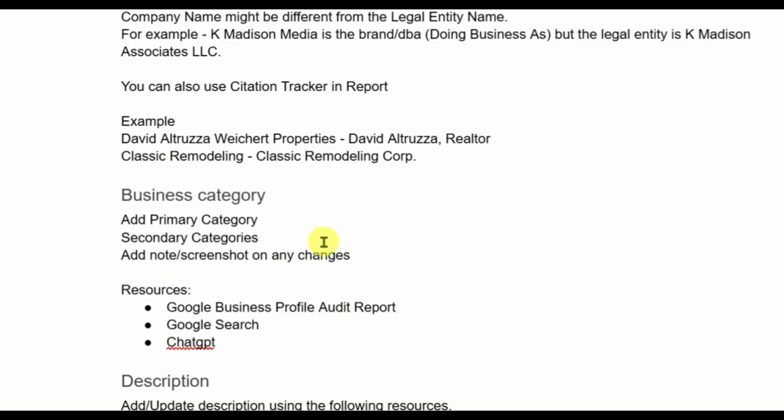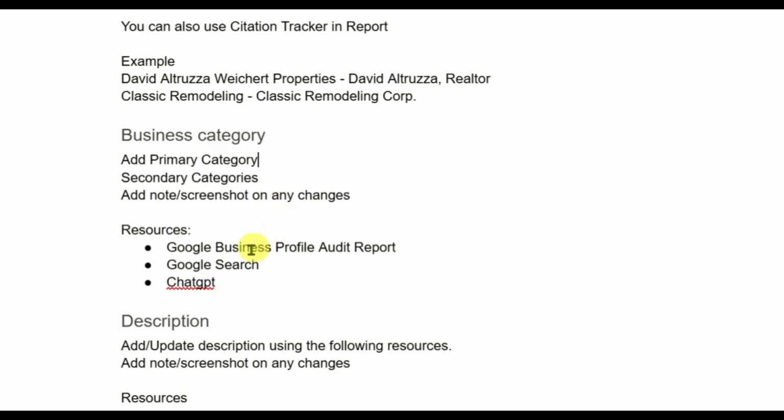You have to be very specific, because if you're trying to fight for a local ranking for specific categories and you're telling Google to compete with all these various categories, then it's very difficult. So you want to try to be narrow, but at the same time you have the ability to add other categories.